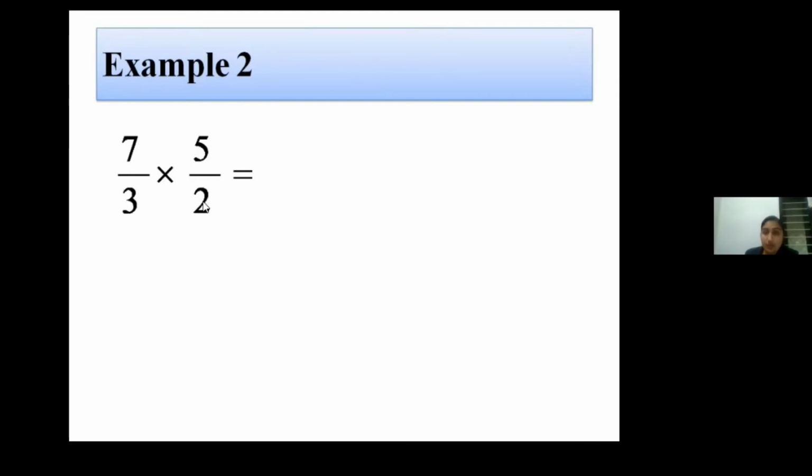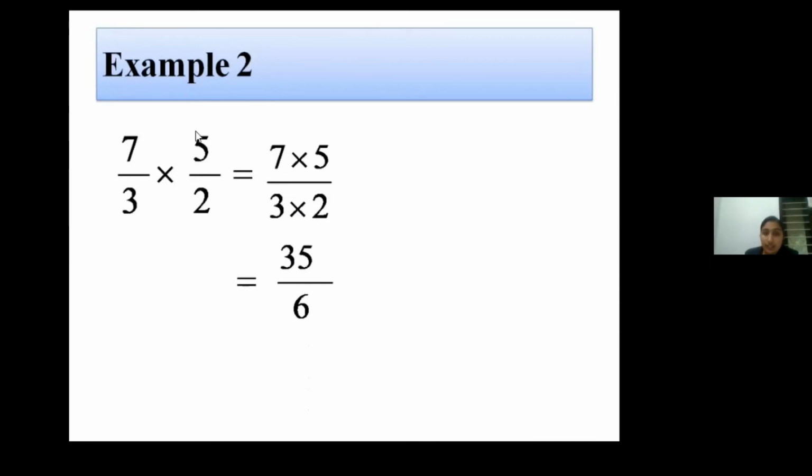We have to find the product of numerators by the product of denominators. The numerators are 7 and 5, the denominators are 3 and 2. That is 7 into 5 by 3 into 2. 7 into 5 is 35 and 3 into 2 is 6. So the answer is 35 by 6.